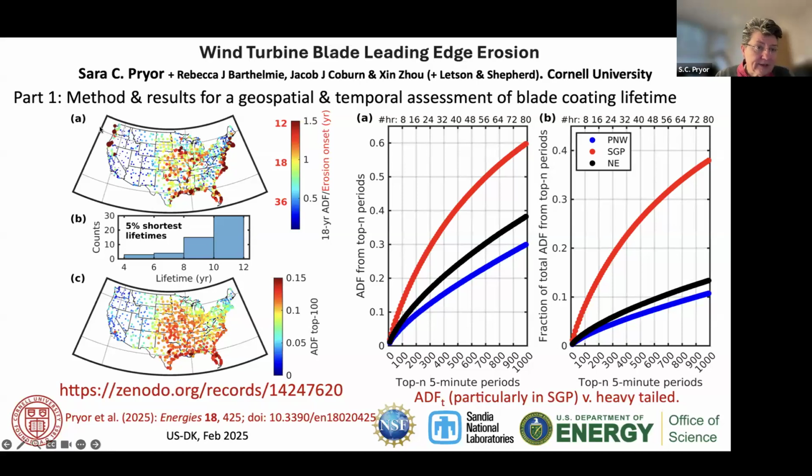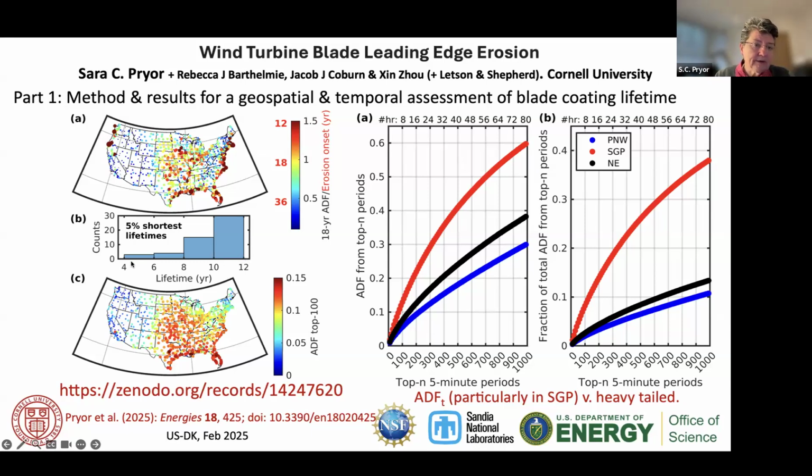So we can see that there are some short blade coating lifetimes here along the Pacific Northwest, along the US East Coast, close to where our offshore lease areas are being built out, and in the center of the country in the Great Plains.